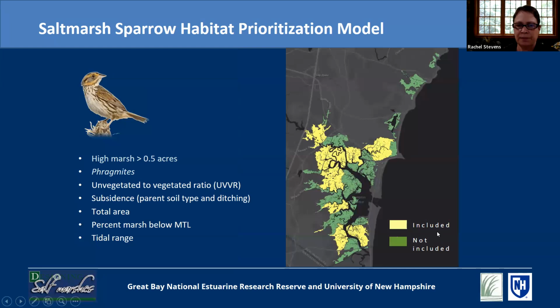We've worked with folks at UNH, New Hampshire Audubon, and Atlantic Coast Joint Ventures to put together a statewide model for habitat prioritization for the sparrow, looking at these factors listed here. Again, top of the list, looking for larger areas of high marsh.